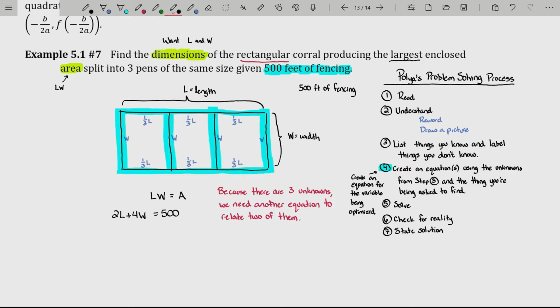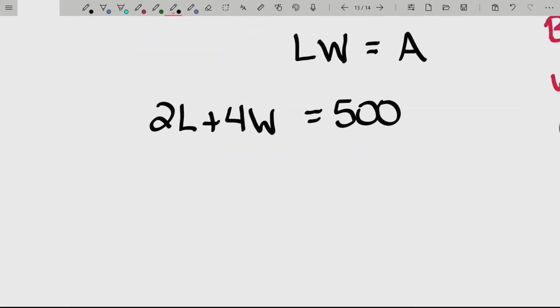So I want to keep the area formula, but I need to somehow glue length and width together. Luckily, I can solve that bottom equation for either length or width. I'm actually going to solve for length. So this bottom equation, I'll write my solution in blue here. I can get 2L is equal to 500 minus 4W.